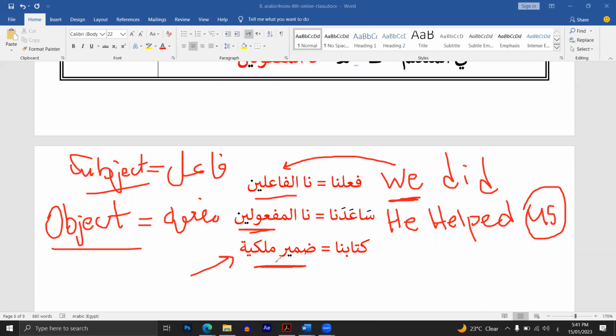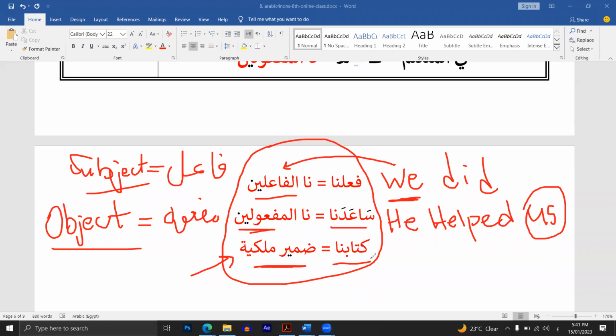But here is one thing. In all these 3 examples, it's first person, متكلم, because we are talking about ourselves: فعلنا, ساعدنا, he helped us, and كتابنا.